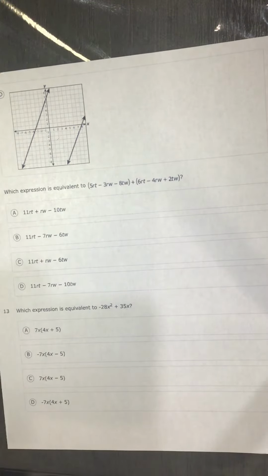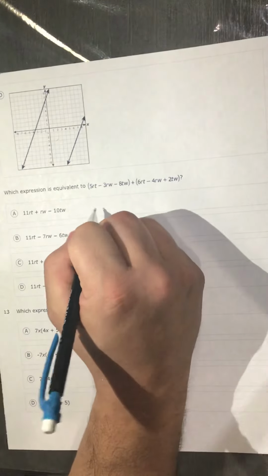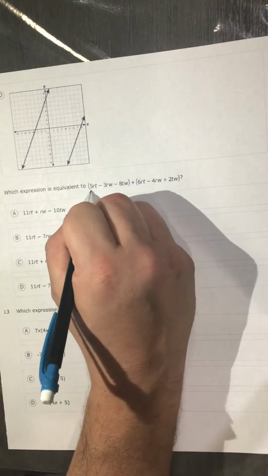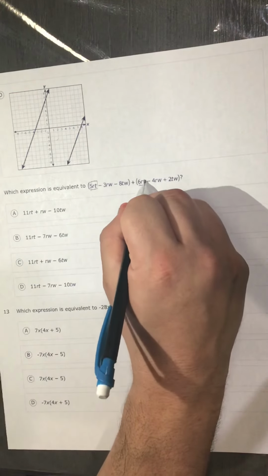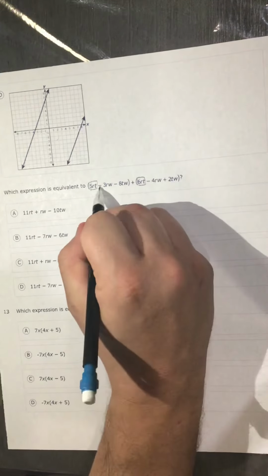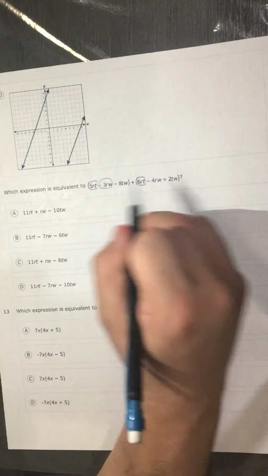Number 12 and 13. So these are questions from previous tests. What we are doing here is combining like terms using distributive property if need be. So what I need to know is like terms. My RTs, I'm gonna throw in boxes. My RWs, I'll throw in circles.